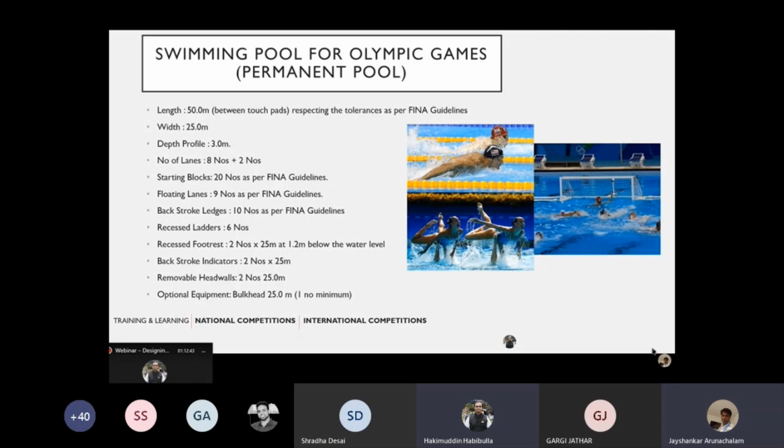But if you're looking at building a permanent pool, an Olympic-sized pool for the Olympic Games, then you would need to have the length of 50 meters with a dimensional tolerance of between 50.020 to 50.030. So that's the tolerances as per FINA.